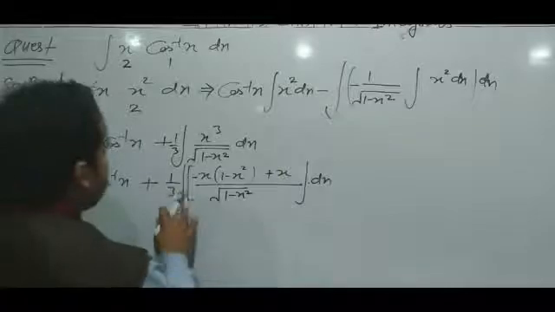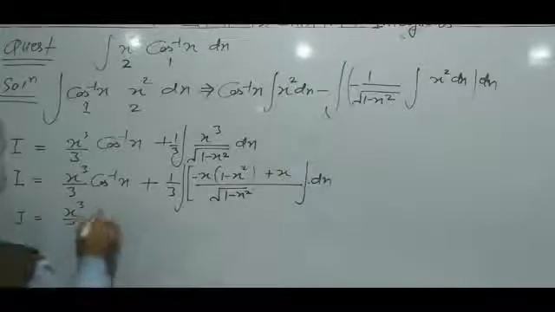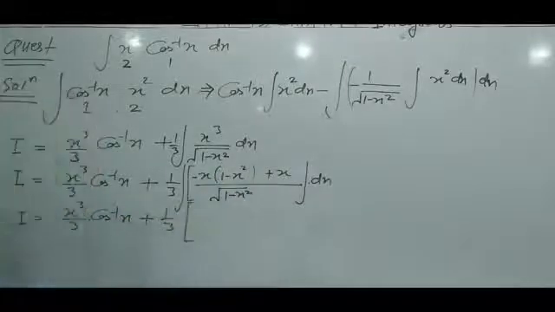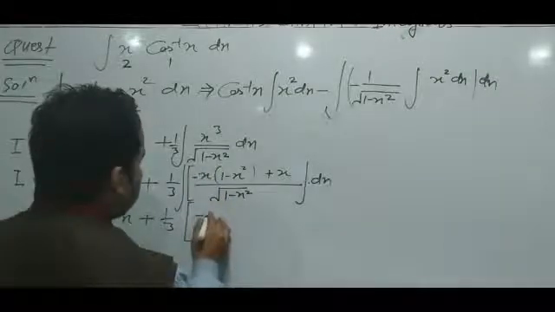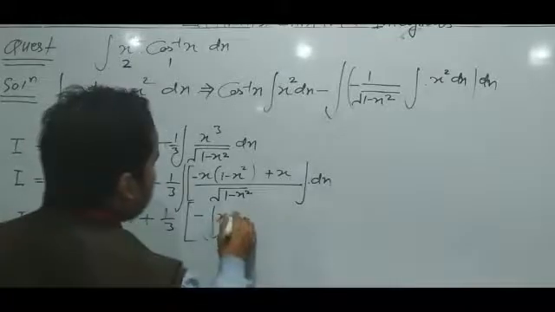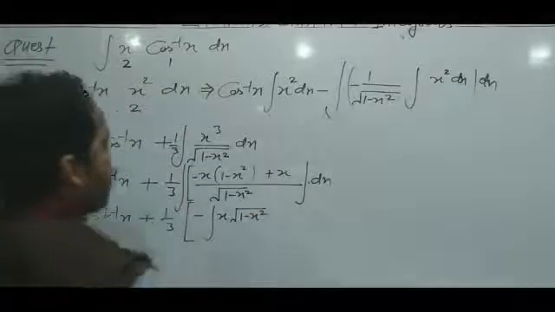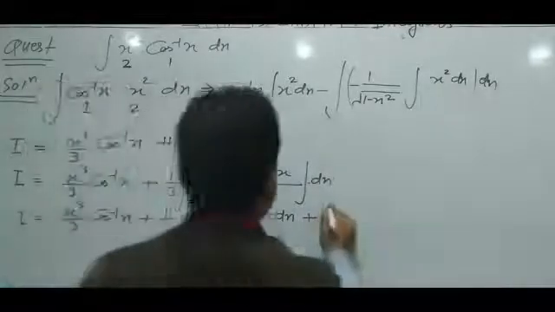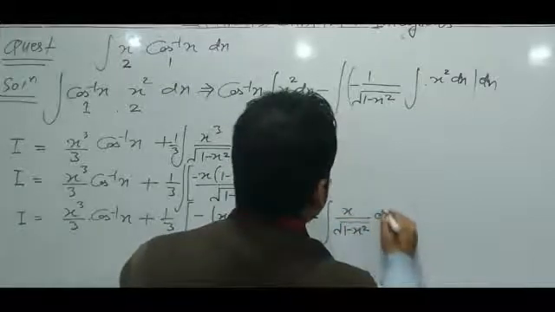So the integration is x cube by 3 into cos inverse x plus 1 by 3 in big bracket, minus integration of x times root over 1 minus x square dx, and plus x upon root over 1 minus x square dx.